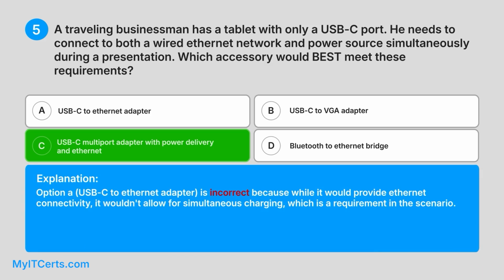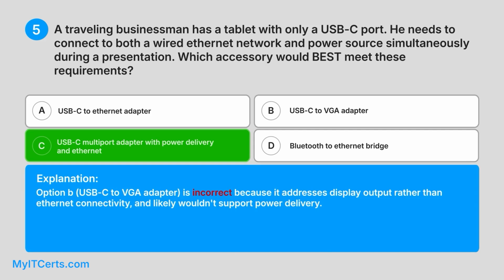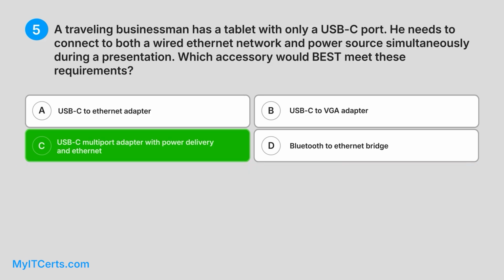Option A, USB-C to Ethernet adapter, is incorrect because while it would provide Ethernet connectivity, it wouldn't allow for simultaneous charging, which is a requirement in the scenario. Option B, USB-C to VGA adapter, is incorrect because it addresses display output rather than Ethernet connectivity, and likely wouldn't support power delivery.